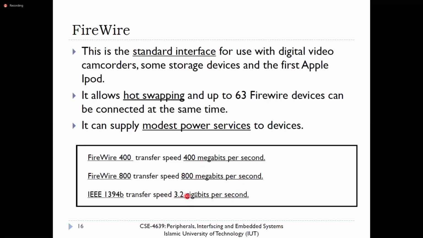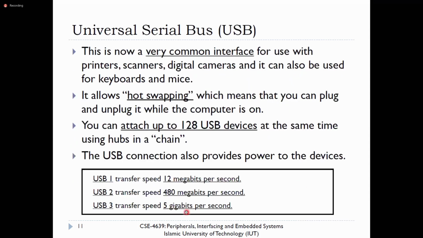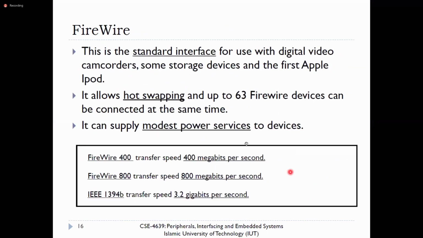Here you can see why we are not using FireWire now: the latest version supports 3.2 gigabit per second, whereas USB 3 has 5 gigabit per second. So it is higher than the latest FireWire, and that is why FireWire is getting a bit obsolete.